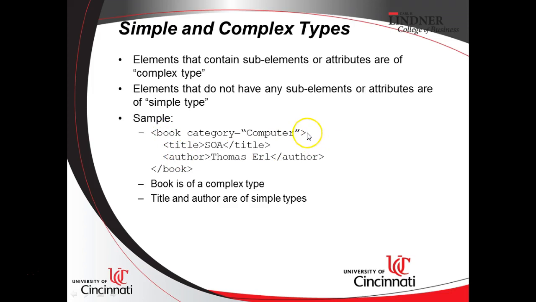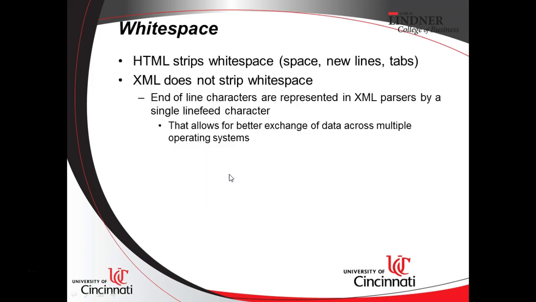And if we're being really specific, we also note the white space between open book and open title, the white space between closed title and author, and the white space between author, close author, and close book. So actually 5 children elements if we count white space. So this is a complex type because it is made of further elements, further children elements. So simple is title, complex is book because book contains title and author.